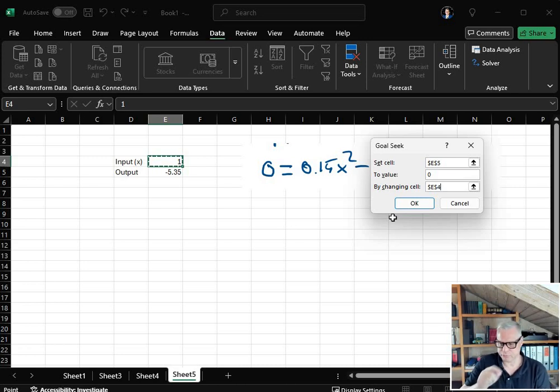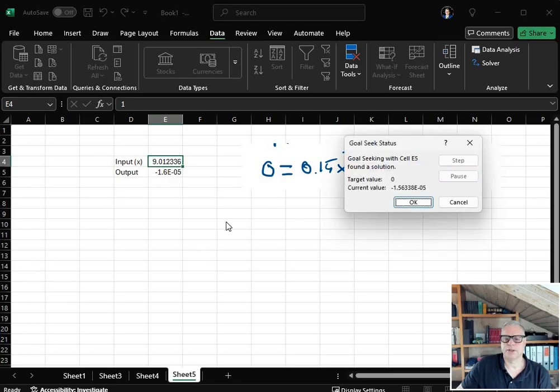But instead of me entering all those different values, I let Excel do it. So I just press OK, and now it just plays around. And we get the value 9.01. Okay, so that's good enough for our purposes.